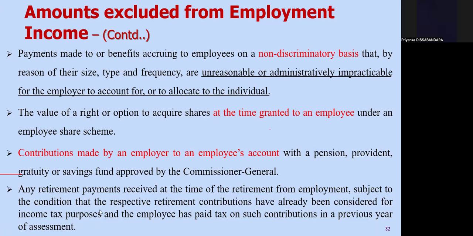This is a new one. We have very recently included this part. In this case, we are talking about the retirement payments received at the time of retirement from employment. That means we received retirement payments subject to the conditions that the respective retirement contributions have already been considered. That means under this part, we consider the funds approved by the Commissioner General.